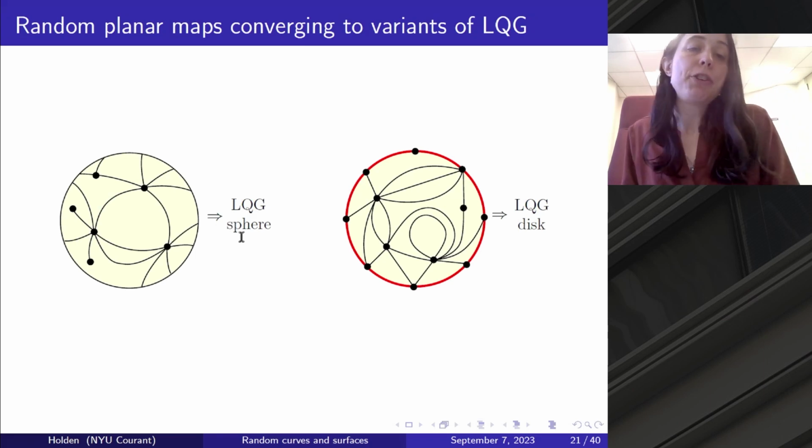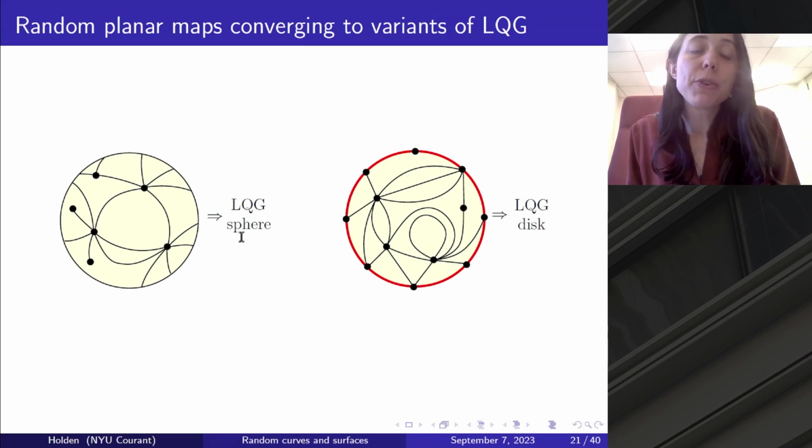One can get many different variants of LQG surfaces by considering different planar map models. Earlier we were considering planar maps with the topology of the sphere. In the limit, this gives what we call an LQG sphere, which is a particular variant of an LQG surface defined by considering the Gaussian free field on a sphere.